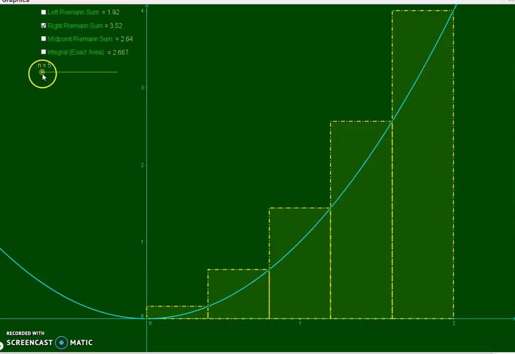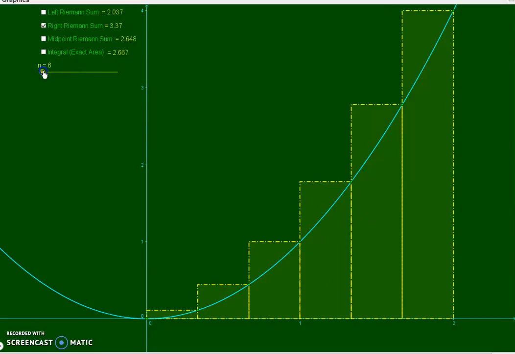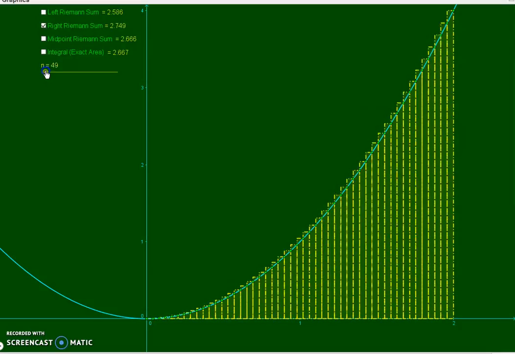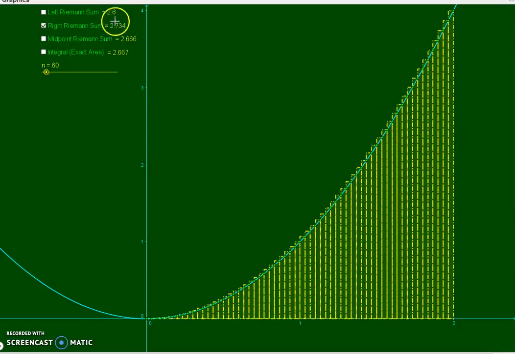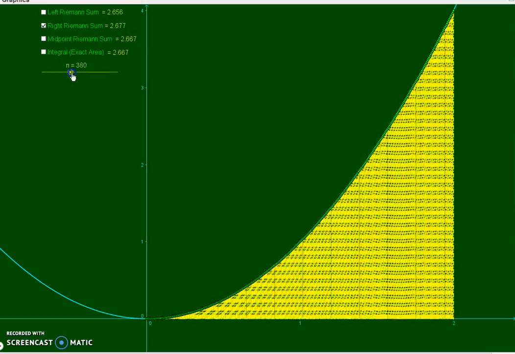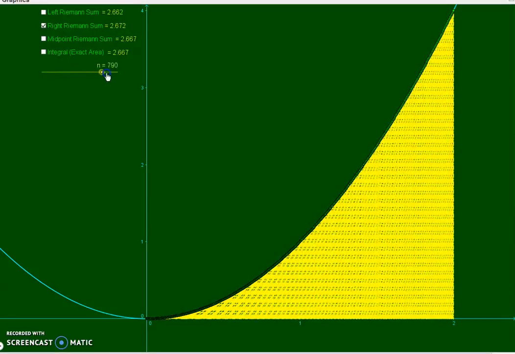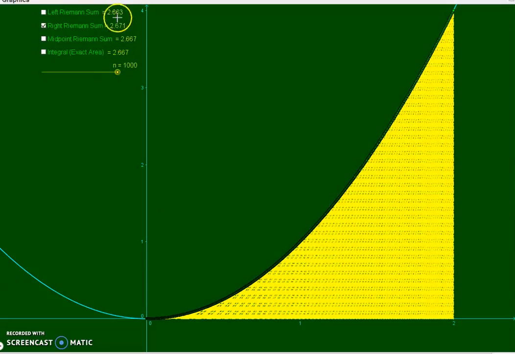If we now increase the number of subintervals from 5, you can see that these numbers are coming closer and closer together. And as we increase this out to some fairly large number, you can see that these numbers become accurate to within a couple of decimal places. And if we were to increase this beyond that level, you would see that these numbers would in fact coincide.